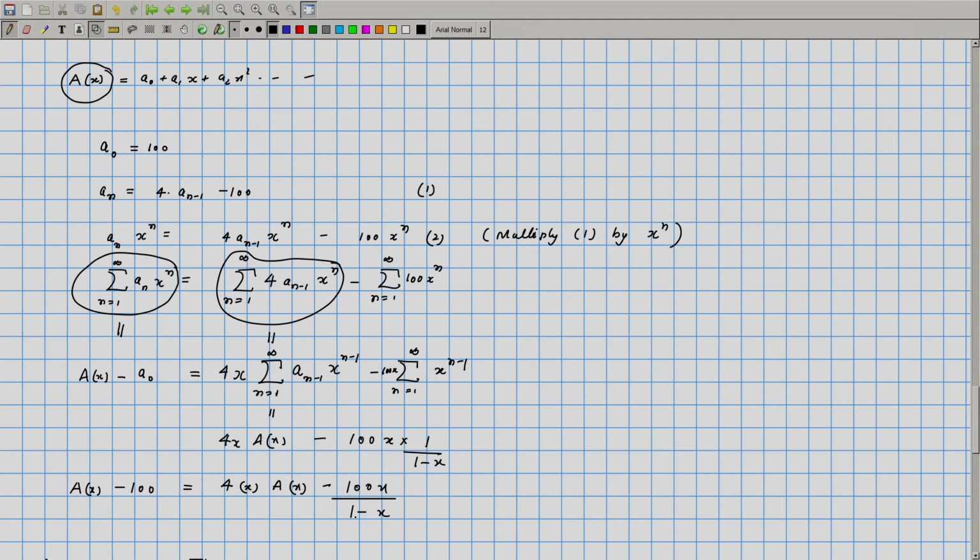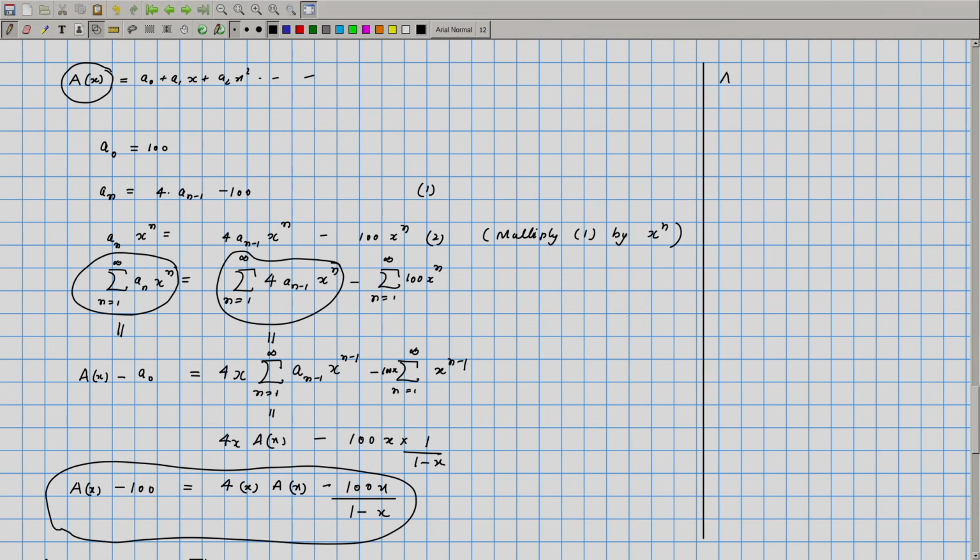Okay. So, whatever recurrence we had, we used that to write a new equation involving the generating function of the sequence. This we can rewrite as a x into 1 minus 4 x is equal to 100 minus 100 x by 1 minus x, and therefore, a x is equal to 100 by 1 minus 4 x minus 100 x by 1 minus x into 1 minus 4 x.